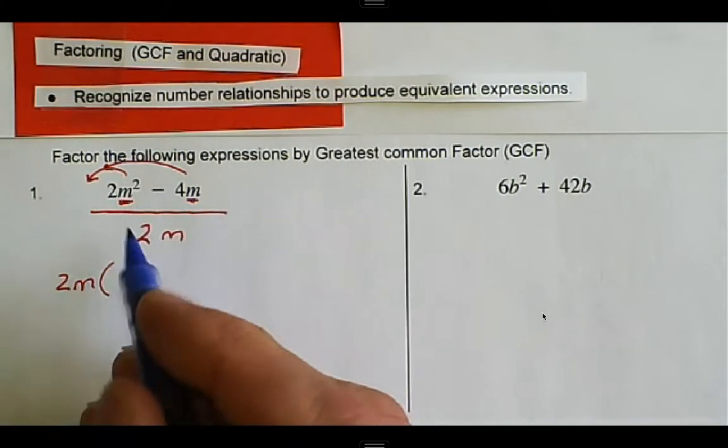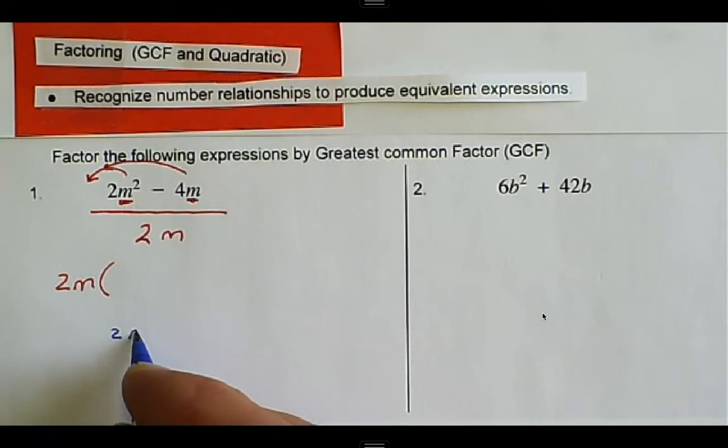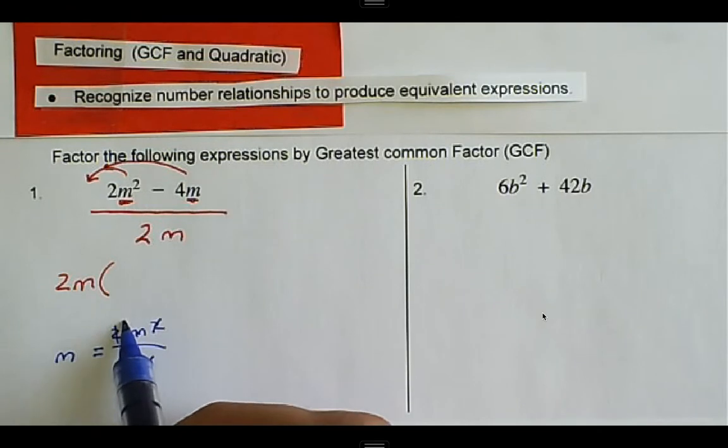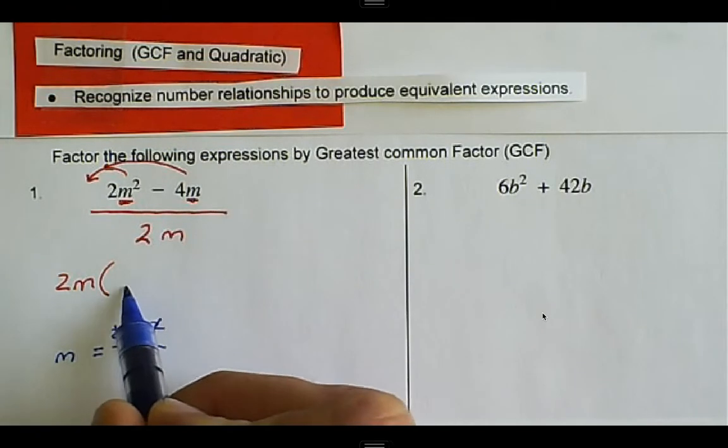So the first term is 2m squared, and basically we're going to divide that by 2m. So what would be left? The 2's cancel, and the 1m in the denominator cancels 1m in the numerator. So basically we're just left with m. So what goes in this spot here is going to be just m.